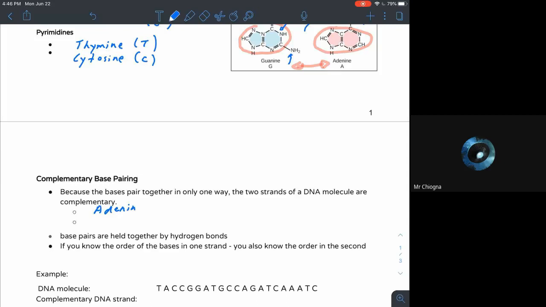Adenine always pairs with thymine. Okay, so A always pairs with T. And guanine always pairs with cytosine.